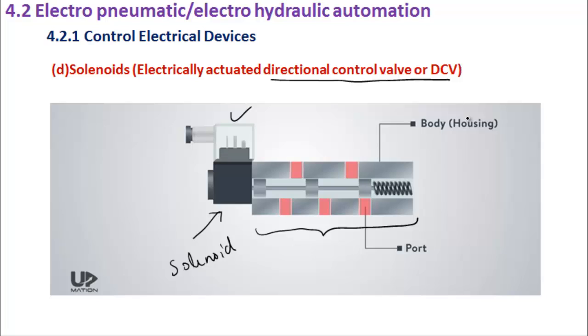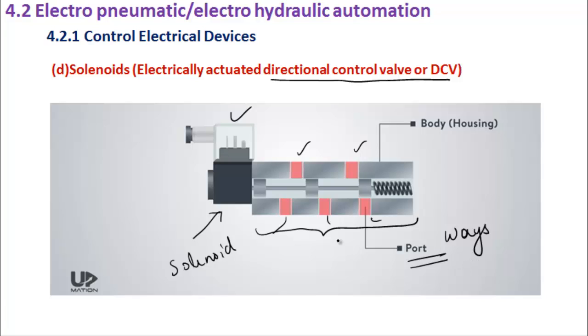Now this directional control valve has some openings. This is one opening, this is another opening, another one, and this is another one. All these openings are called ports, or in some textbooks they are called ways.